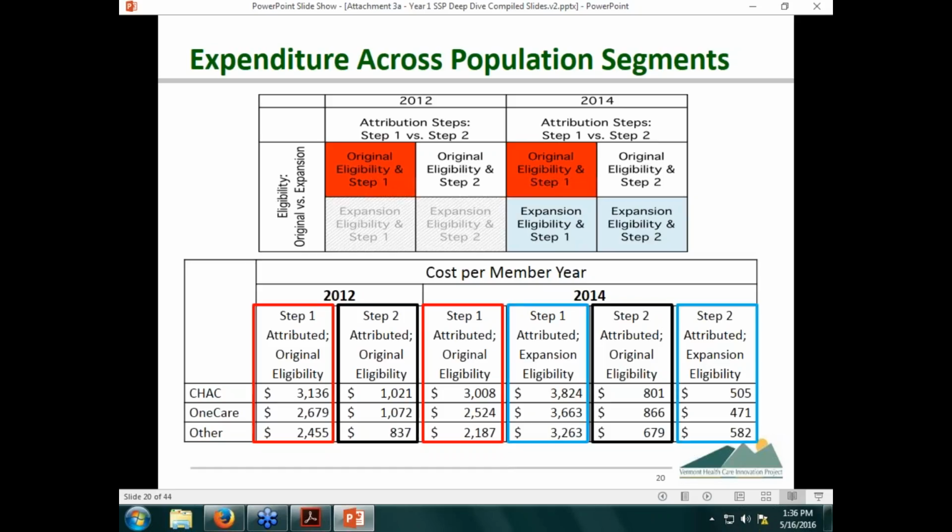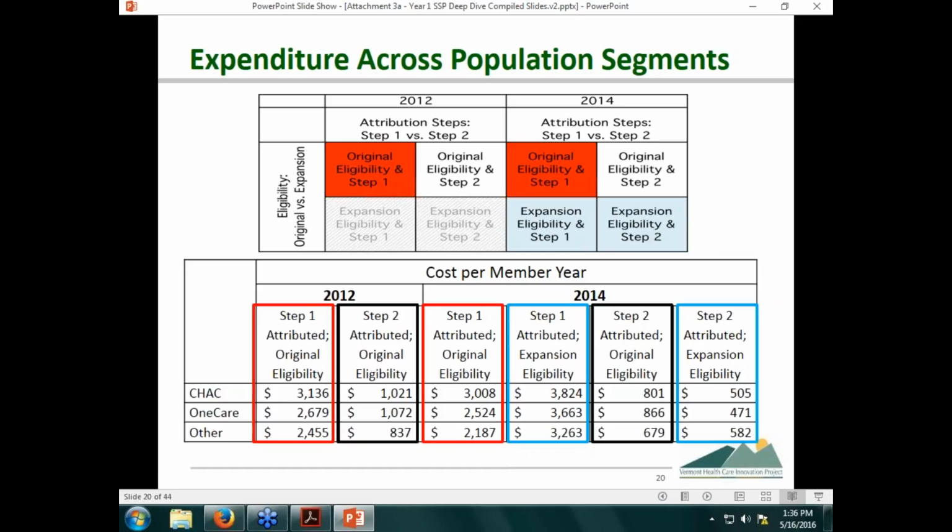And so now we have 2 more highlighted boxes in blue. These represent our 2 new groups for the 2014 year. We don't really have a 2012 analog to compare them to, but we can look at how the step 1 attributed, or claims attributed, folks compare to those who were claims attributed with original eligibility.